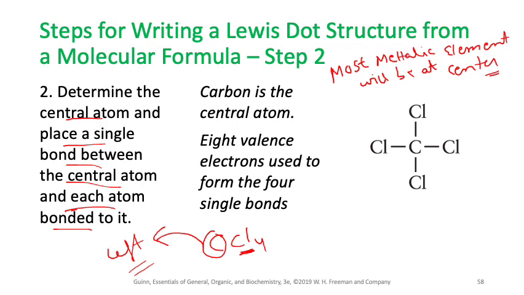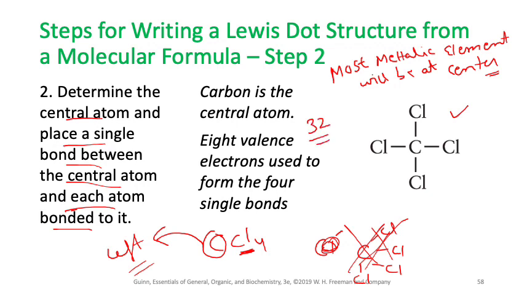Make sure you know this: to make a molecule, it has to be symmetrical. You cannot put all the chlorines on one side of the carbon, because in nature everything is symmetrical. This is wrong, so this is right. This is symmetrical, all chlorines are around the carbon. Right? And how many total valence electrons did we have before we drew this structure? 32.